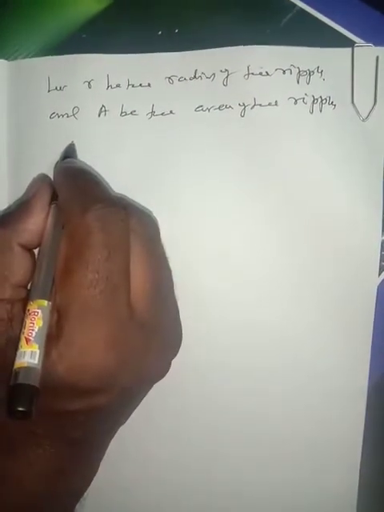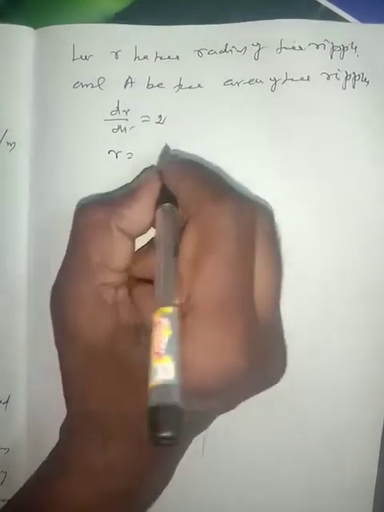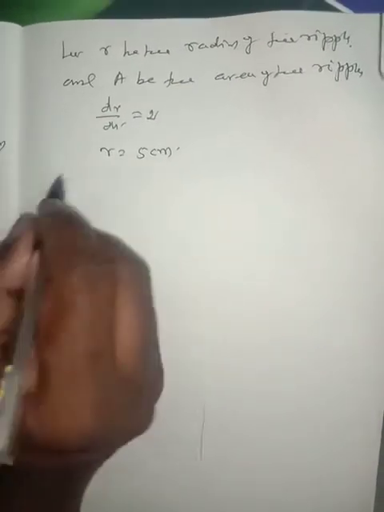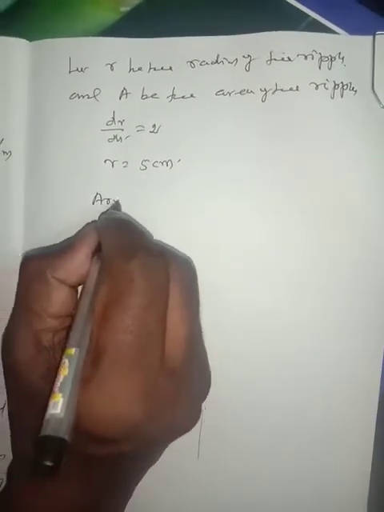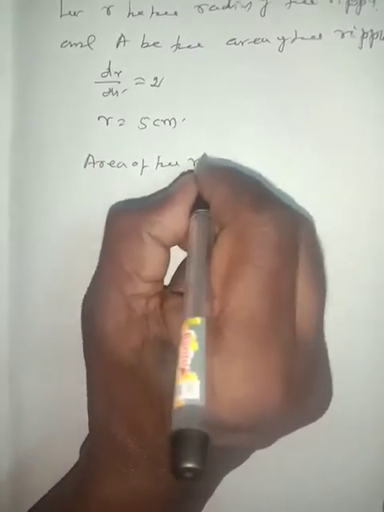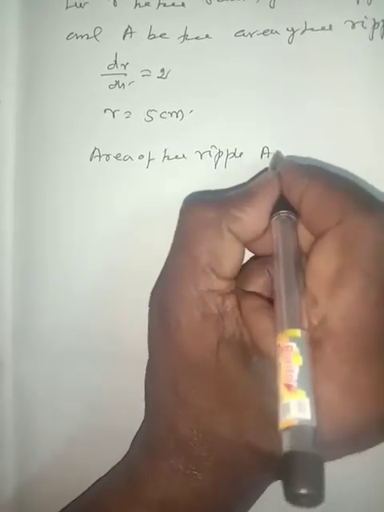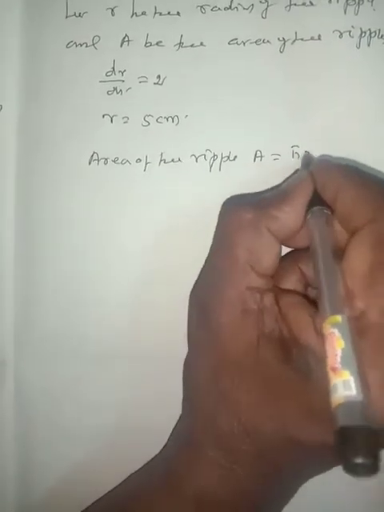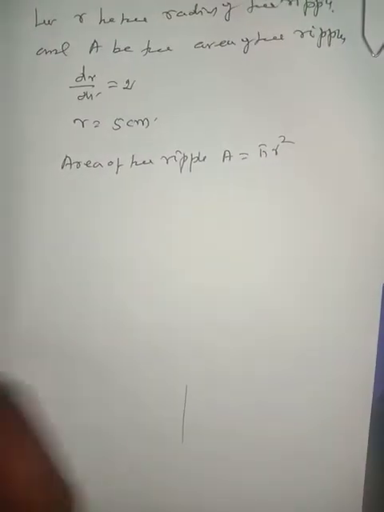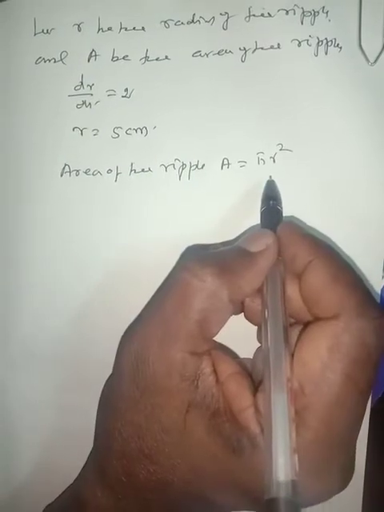Now dr by dt is equal to 2, and the radius is equal to 5 centimeters. Area of the ripple, capital A, is equal to pi r square, since the shape is a circle.